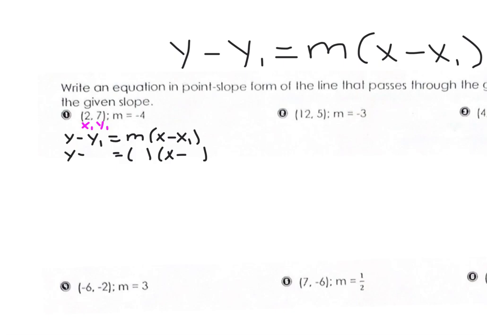So our y1 value is 7, our slope is -4, and our x1 value is 2. So our point-slope form here would be y minus 7 equals -4 times the quantity of x minus 2. And that is point-slope form. You do not have to simplify that any further.